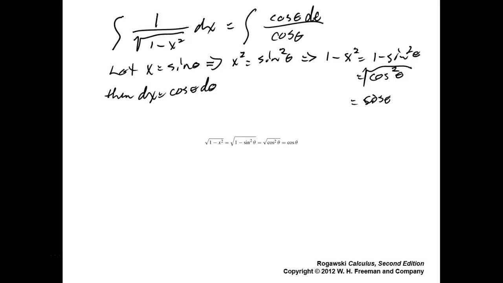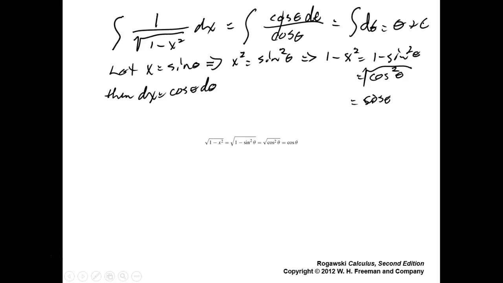I don't care where you write it. And what is this? 1 d theta. What's the integral of d theta? Antiderivative of 1 d theta. No, not x, theta. Theta. Plus c, right? Indefinite integral.